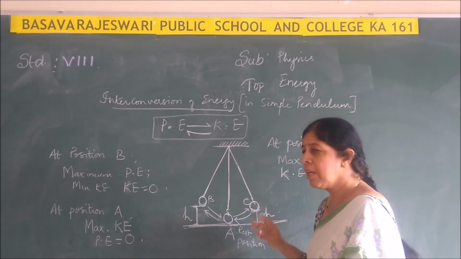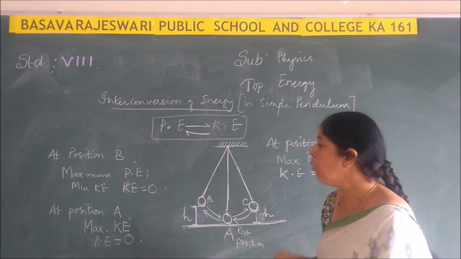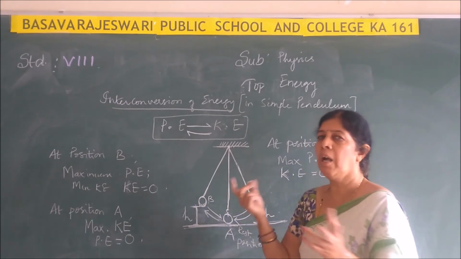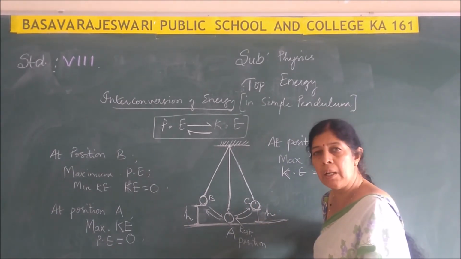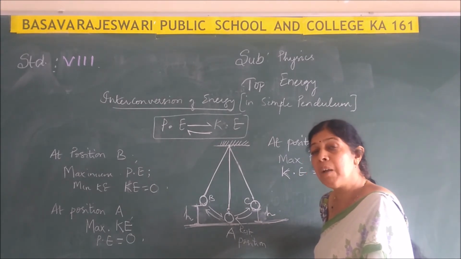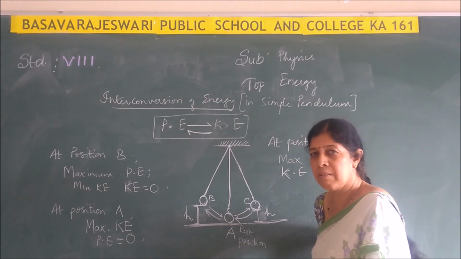So here the energy is not getting wasted anywhere. It is just getting converted from one form to the other. Potential energy changes to kinetic energy and vice versa. So what can you conclude by using this example? You can conclude that the energy can be converted from one form to the other, but no energy is getting wasted here, right?